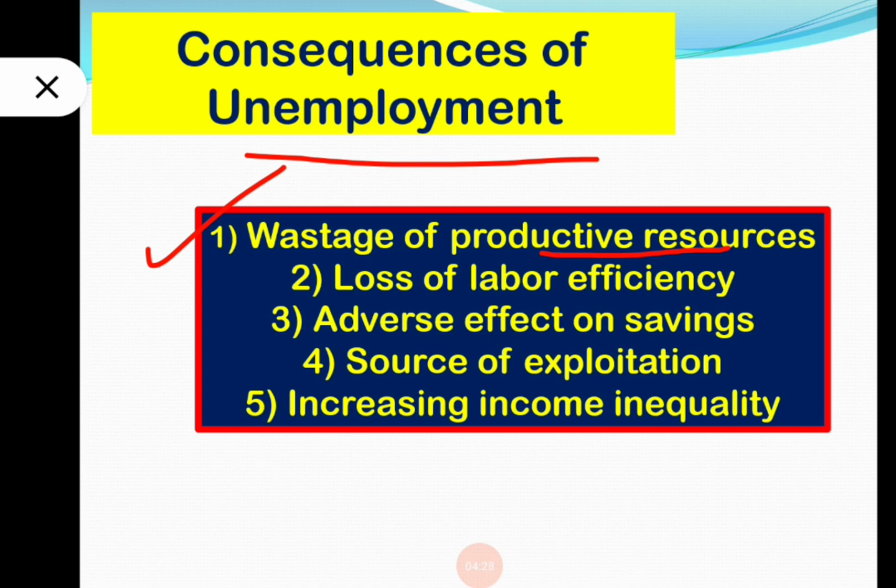It has three major implications. The first implication is that it means lower availability of goods and services to the people. So what is the first implication of wastage of productive resources? The first thing, that is lower availability of goods and services to the people.